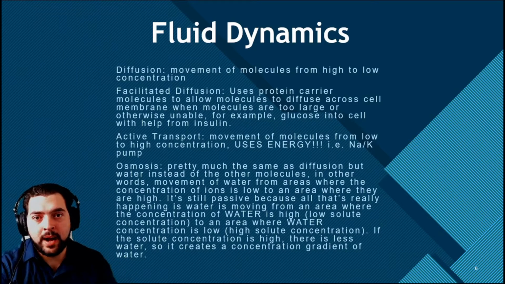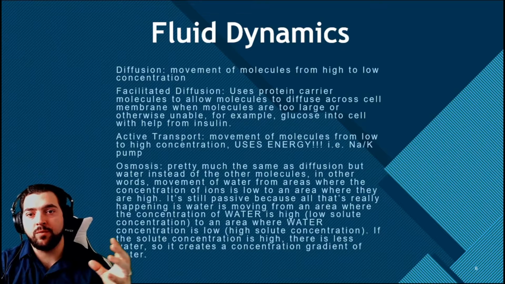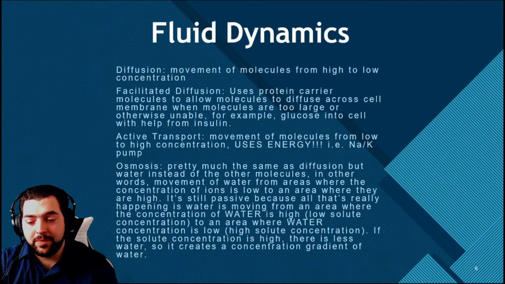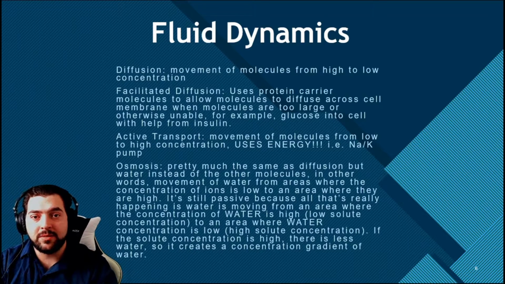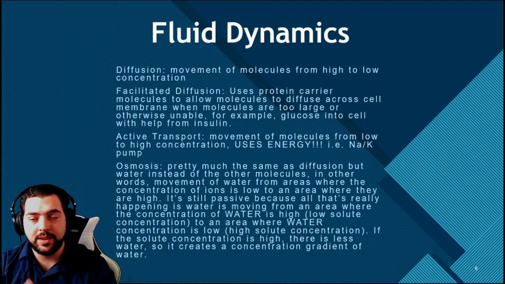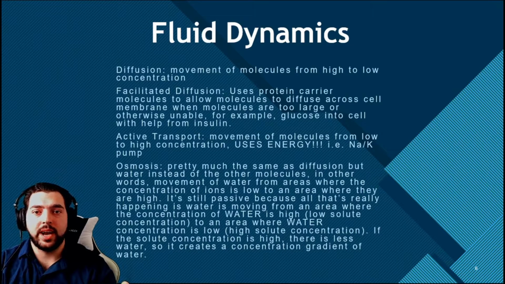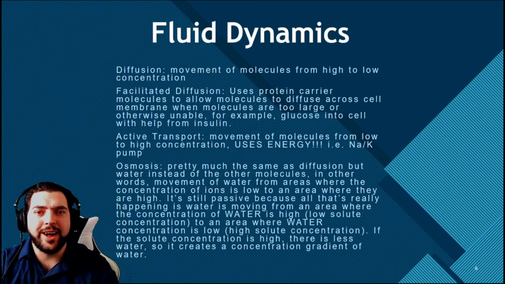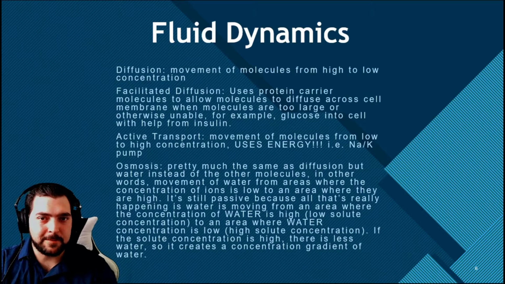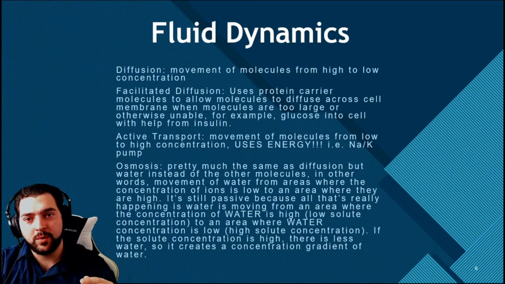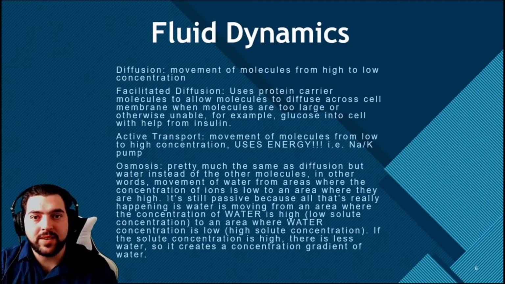So if you have an area where there's a higher concentration of water, that means automatically there's a lower concentration of ions. Osmosis is just diffusion, but with water instead of ions. That's all it is. I know I probably said that in a convoluted way, but I hope it's simple in principle. The idea is water will do what ions do, but water cares about the balance of water, not the balance of ions.